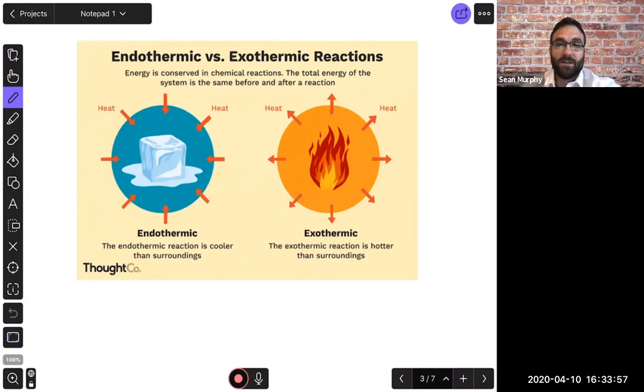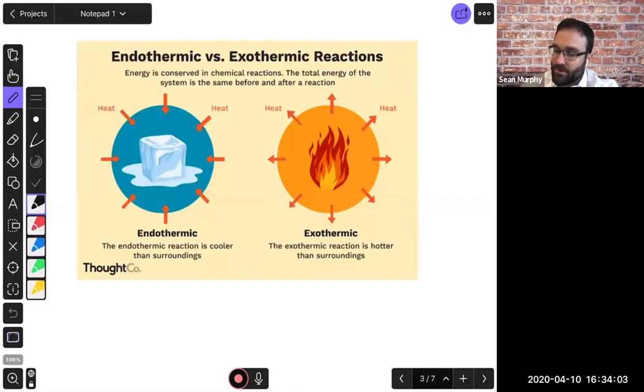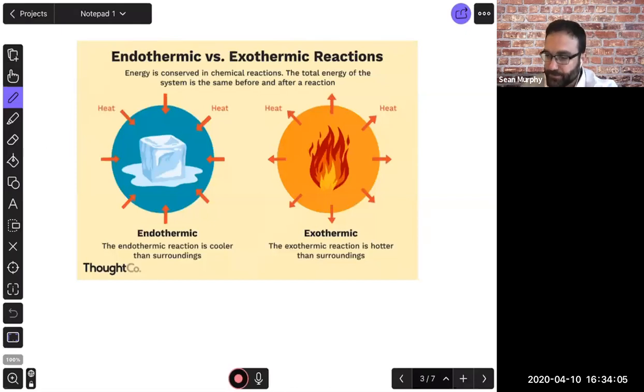And everything, all the chemical reactions, that's the system. So I'm going to write here, if we're going to talk about an ice cube, remember the ice cube and all the chemical bonds, that would be the system. And then everything else is called the surroundings, okay?